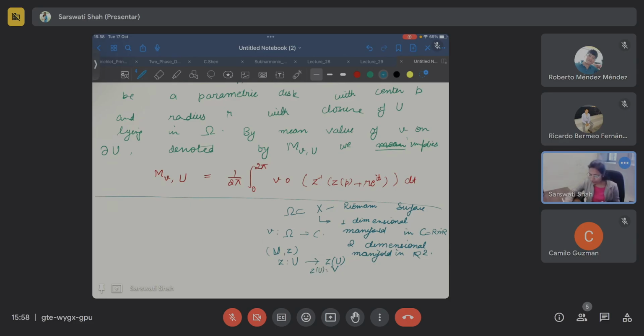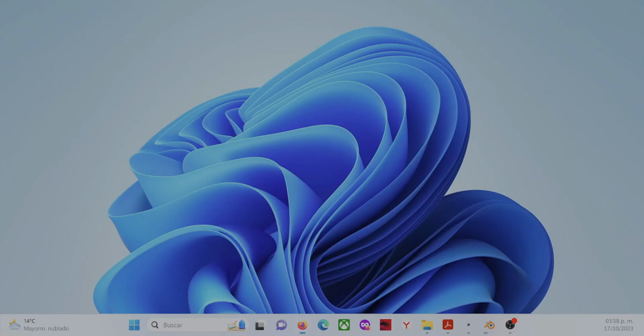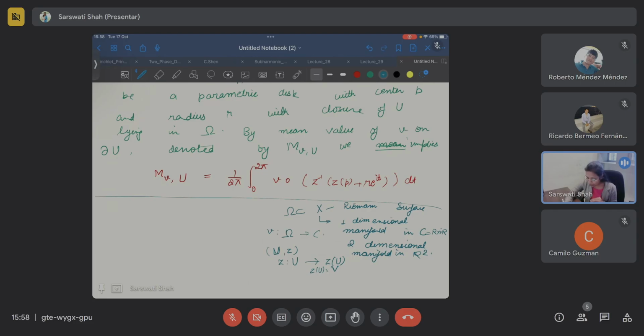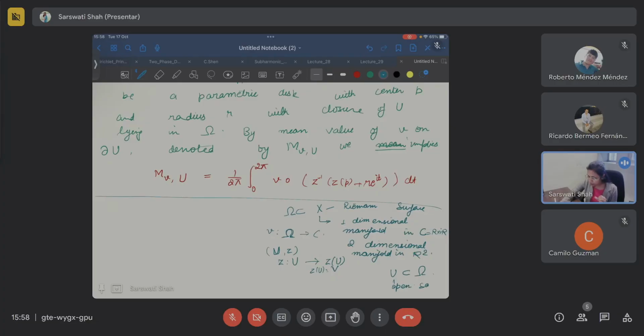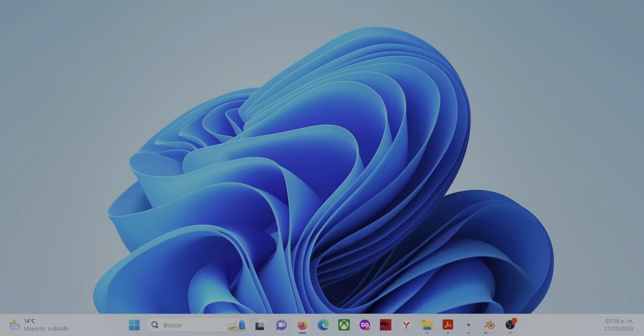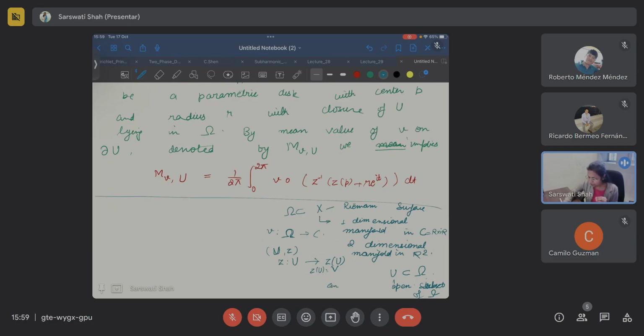The coordinate chart is defined such that z is defined on an open subset U of the connected set omega, and z is an onto function.